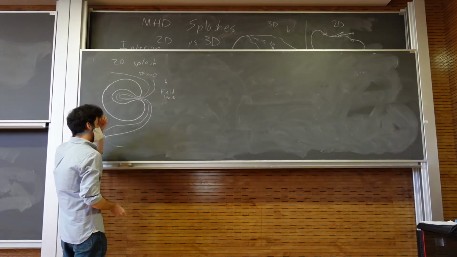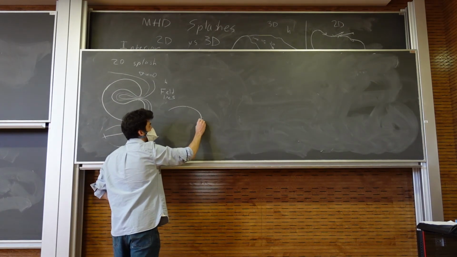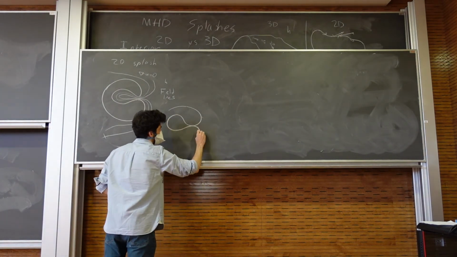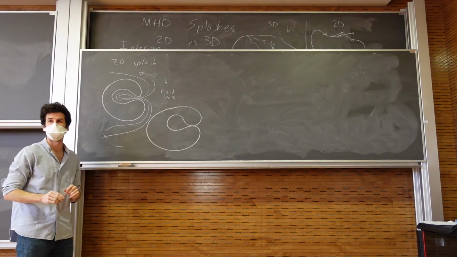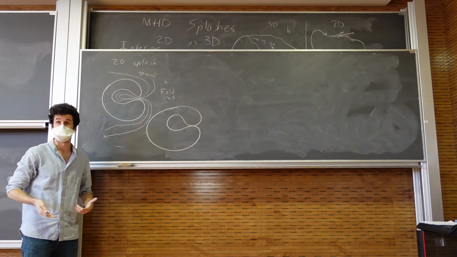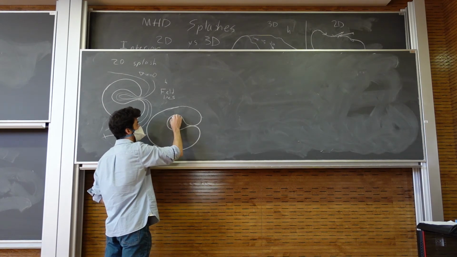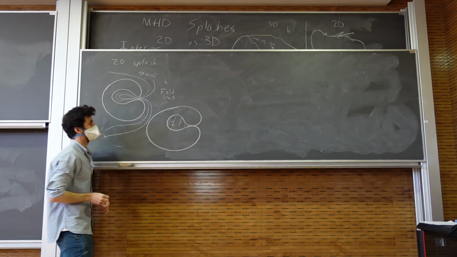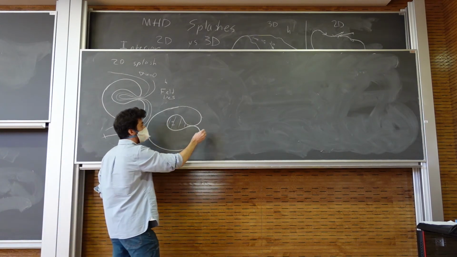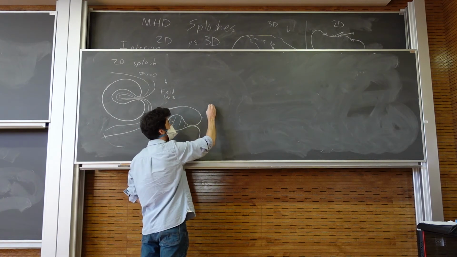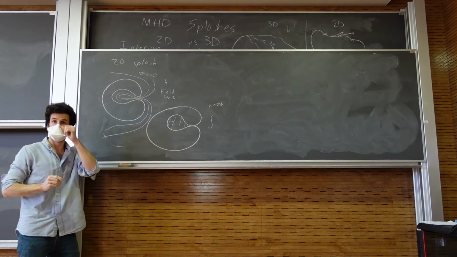So one way to justify this is that we can imagine a scenario in which the splash has already happened. So this is, again, not rigorous, but let's imagine a splash has already happened. And let's ask what H has to be doing in this scenario. So let's call this region I. Okay? And inside of I, the splash has already happened. I'm just going to say H is equal to grad phi. Okay?